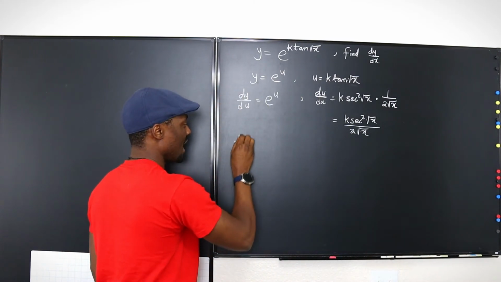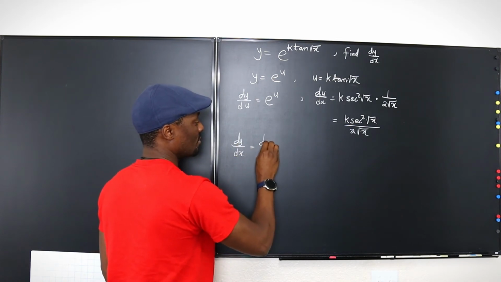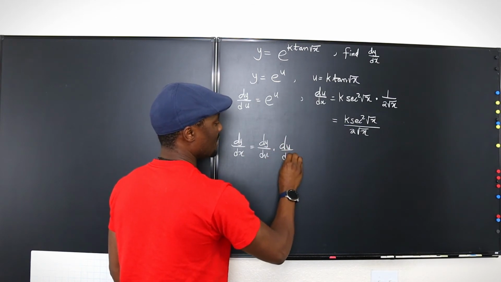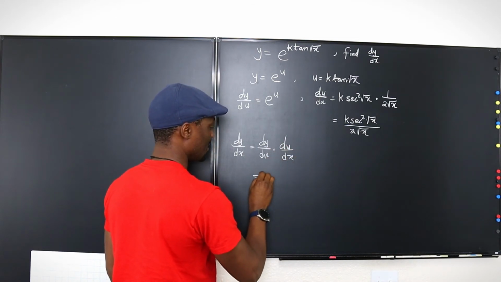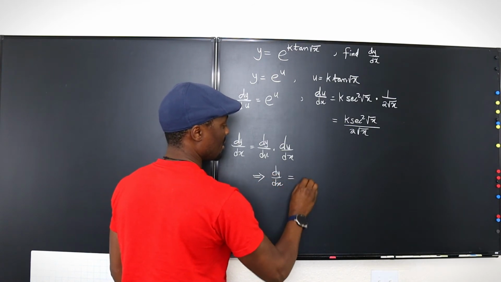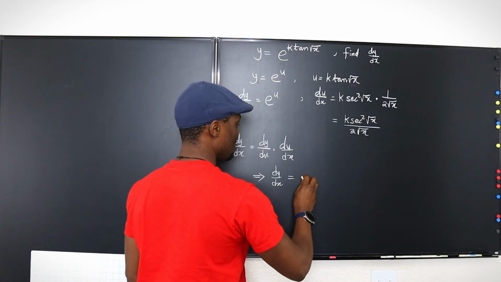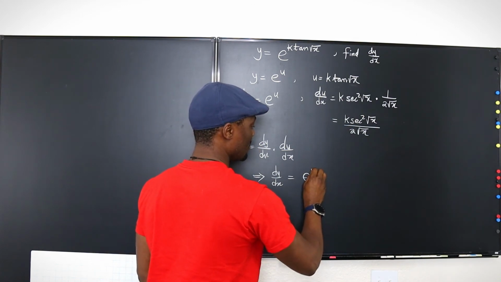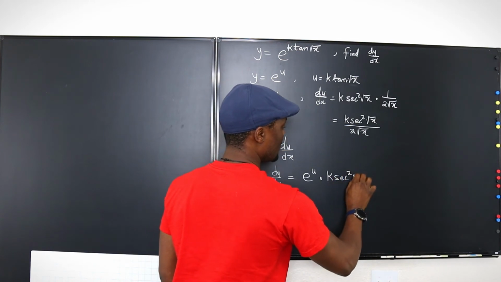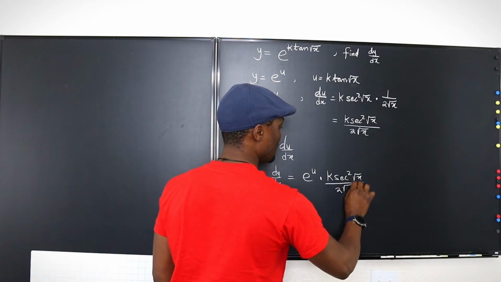So what's dy dx? dy dx will be equal to dy du times du dx. That's going to be e to the u multiplied by k secant squared square root of x over 2 square root of x.